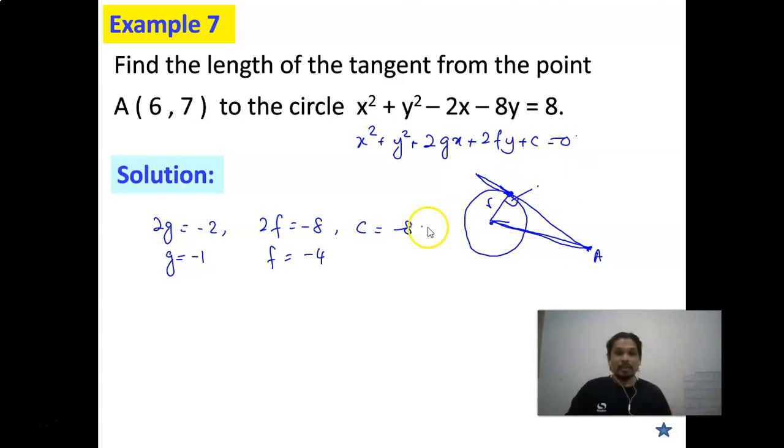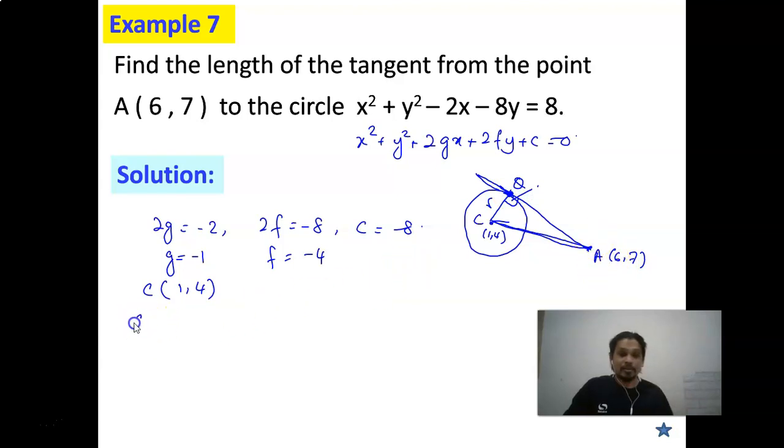So at the point 6, 7, A, which is 6 and 7 here, the center of this circle here is 1 and 4. Just imagine that if I put this center as a C, here as a Q, and this is A.